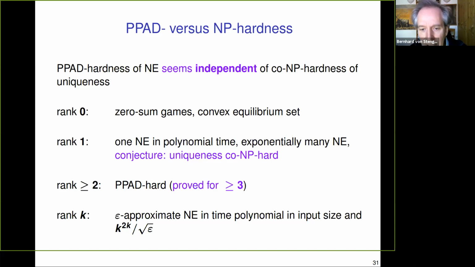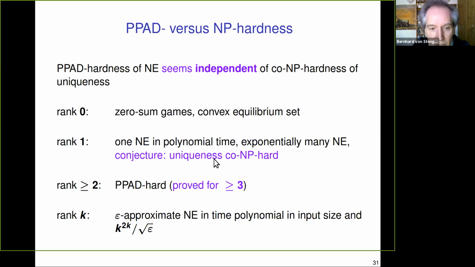So if that is true, then we would have here an example of a game where I can find one Nash equilibrium in polynomial time, and I can even have exponentially many equilibria, and yet I can find one in polynomial time. But the decision whether it's unique is co-NP hard, which is true in general games. So that would mean that the PPAD hardness, which clearly doesn't apply here, or probably not, because I can find the equilibrium in polynomial time, is a very different notion to the uniqueness problem that gives rise to these decision problems.